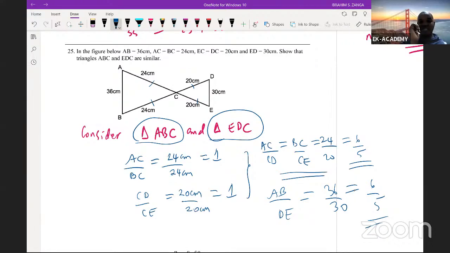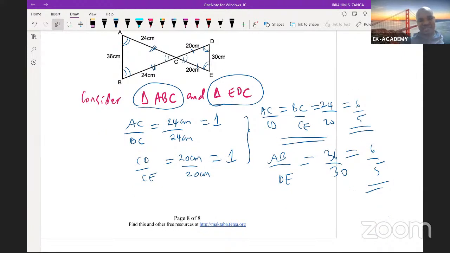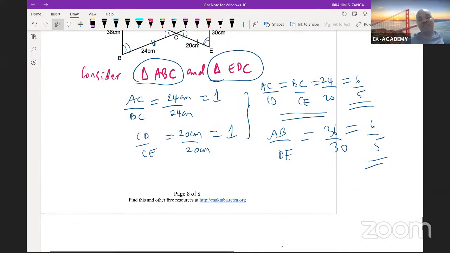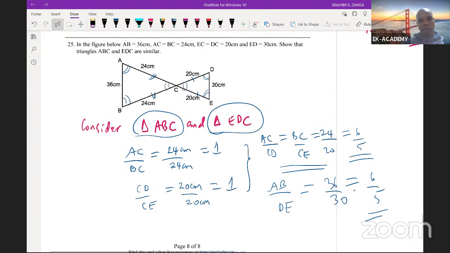But also you can consider angles, because this side equals this side, so this angle equals this angle. And this angle here equals this angle here. And the third angle equals the other angle. So of course, the ratio of corresponding sides are equal, and also corresponding angles are equal.